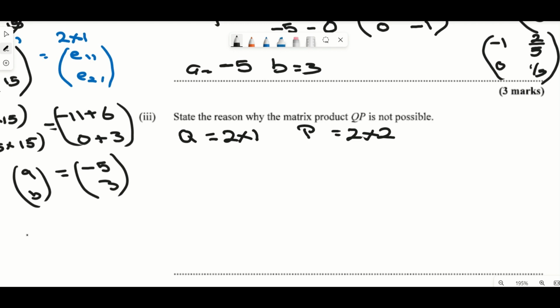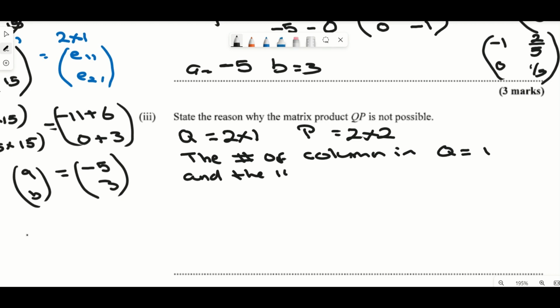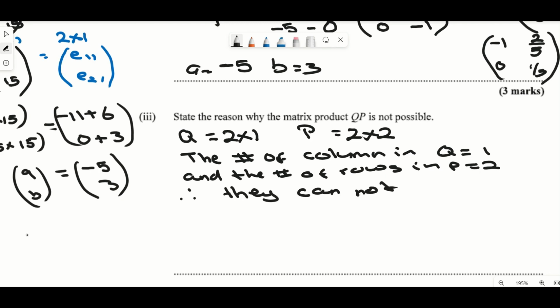Now, we will have to say the number of columns in Q is equal to 1, and the number of rows in P is equal to 2. Therefore, they cannot multiply.